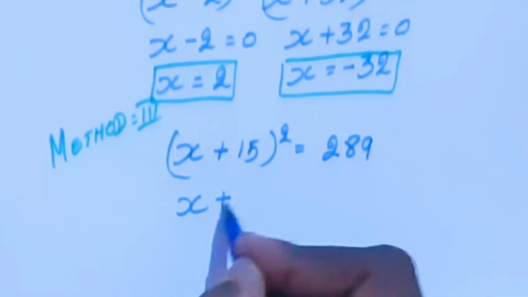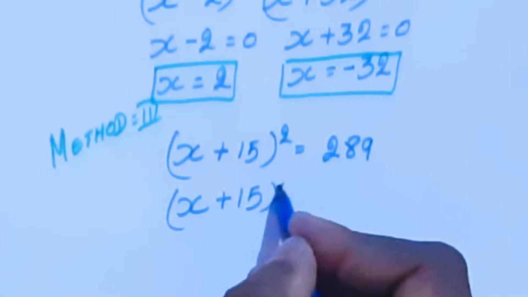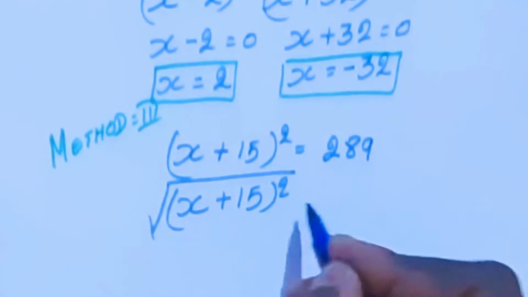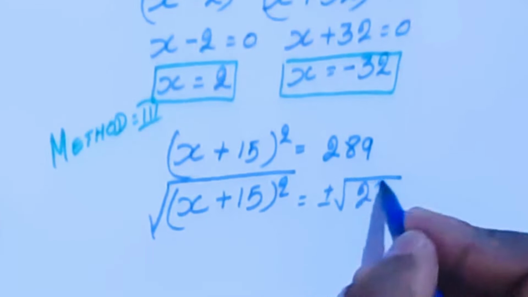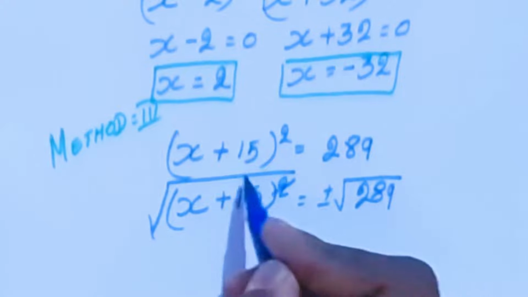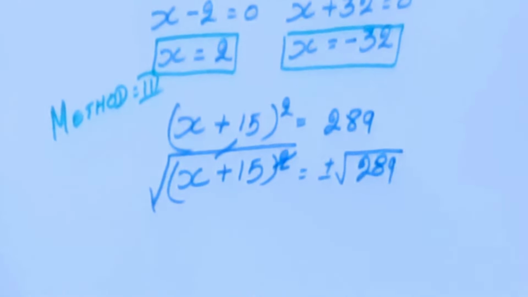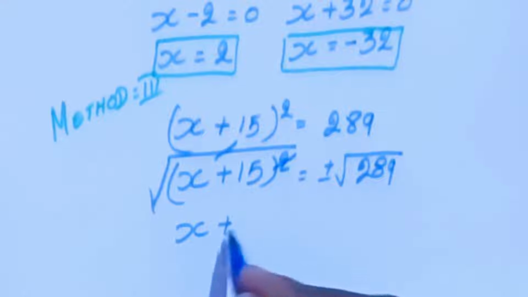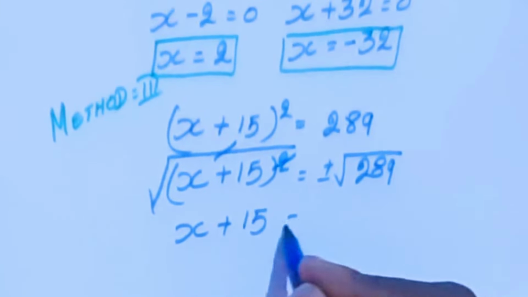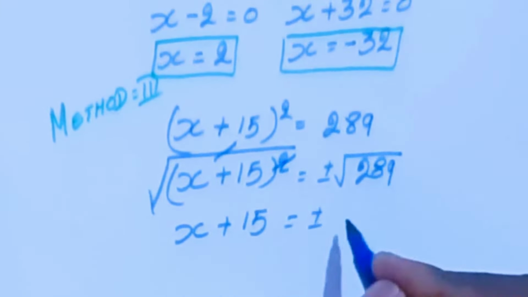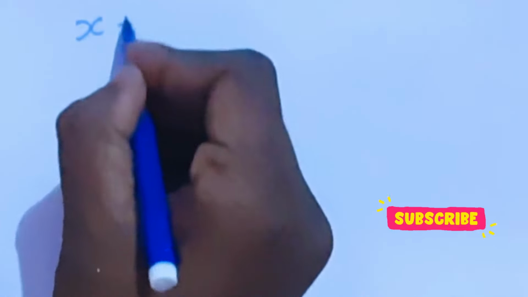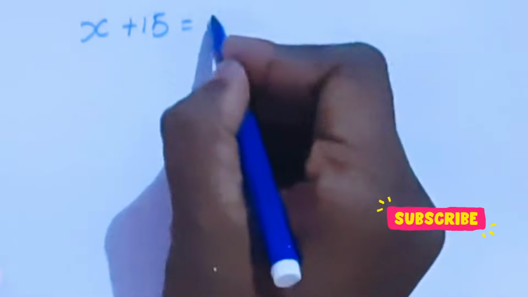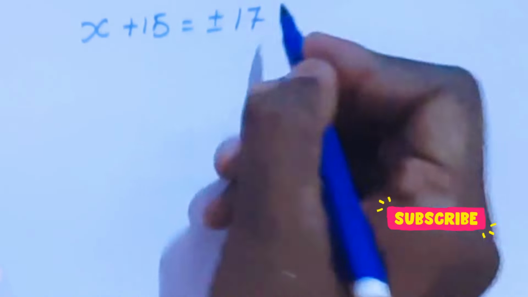So √((x + 15)²) = ±√289. Here the square and square root will cancel each other. Now we have x + 15 = ±√289, and the square root of 289 is 17. Now x + 15 = ±17.